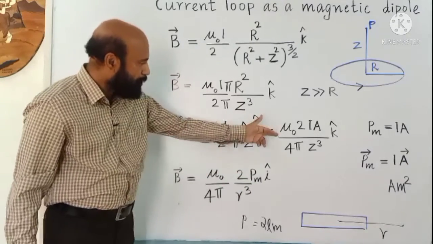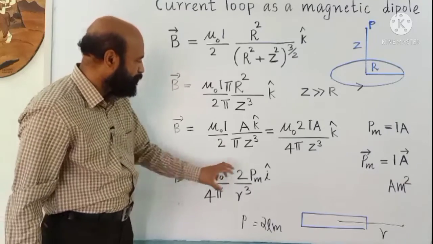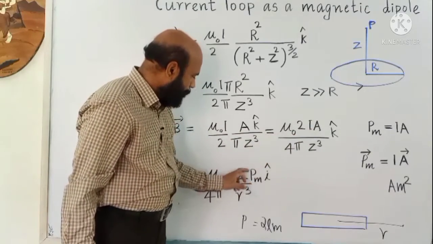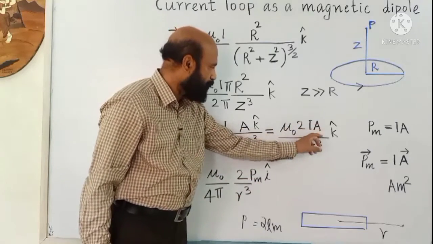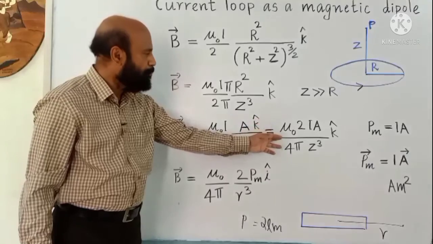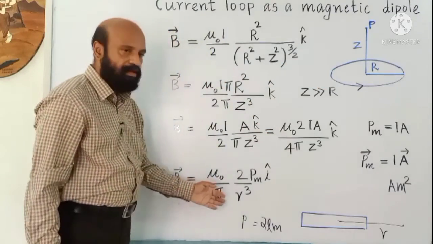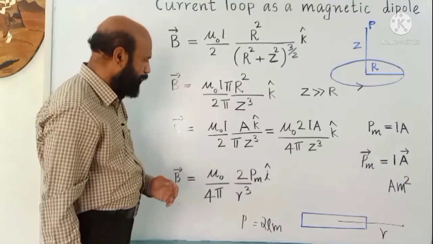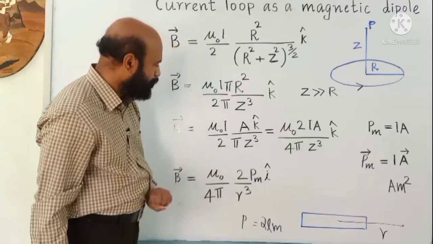Now you compare these two equations. When we compare these two equations, you can see PM is equal to IA, because this is the magnetic field due to a circular coil carrying current, and this is the magnetic field due to a bar magnet. So when we compare these two equations, you can see mu 0 divided by 4 pi.